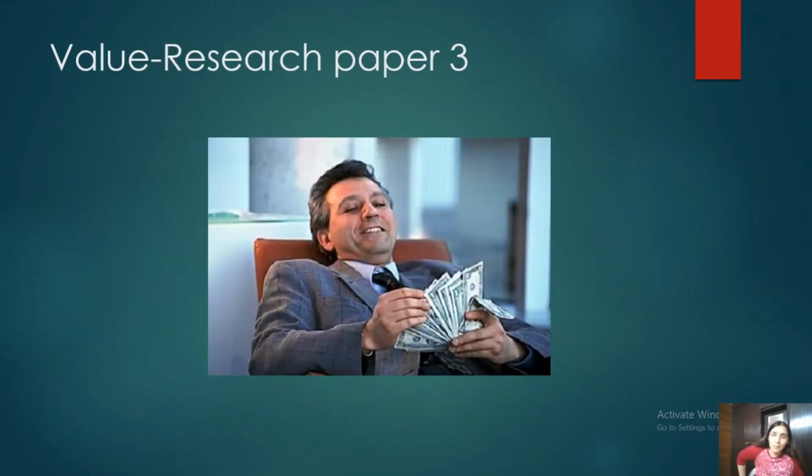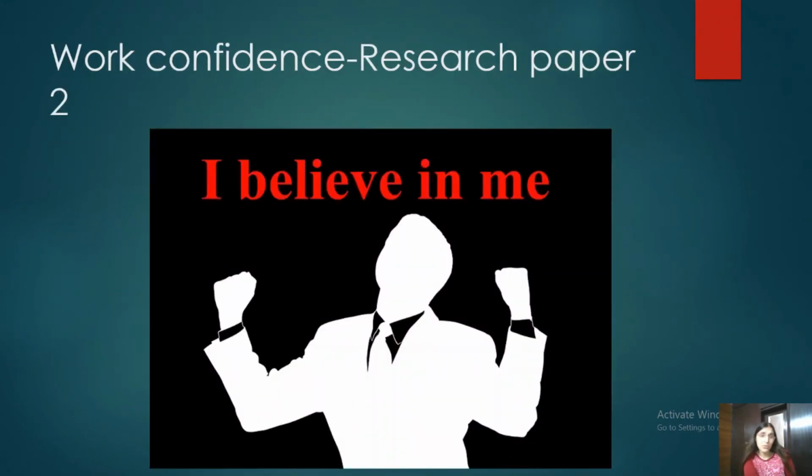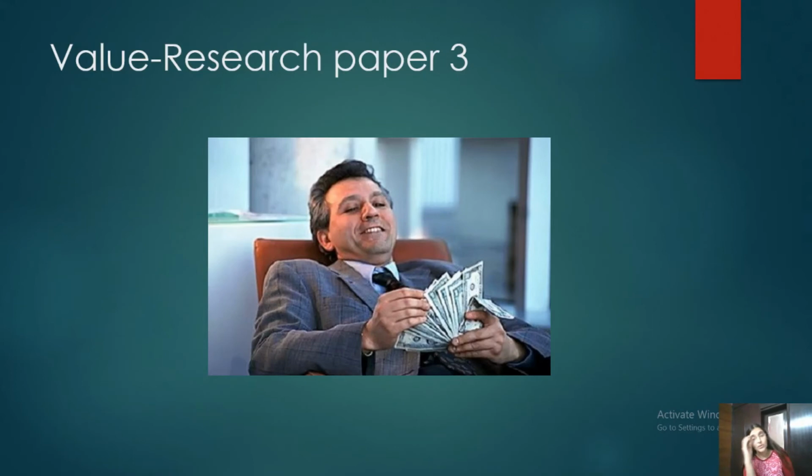Do the same thing for value. So this is how I did it and I made this model called happiness. You could have more than one paper also. If I am adding an independent variable like value, you might get 3-4 papers on Google Scholar where it says value impacts happiness. Read all the papers, pick up all the authors. One very important thing: if you get 3 papers on value, all 3 might have different standard scales.